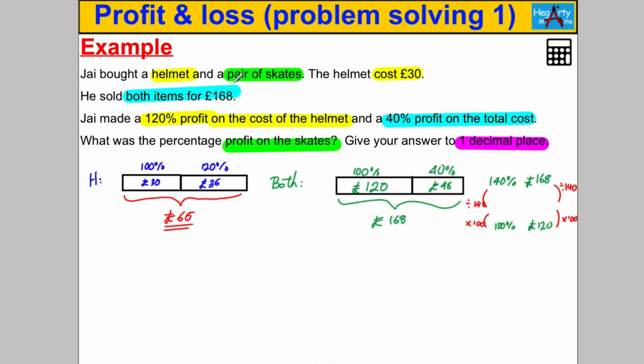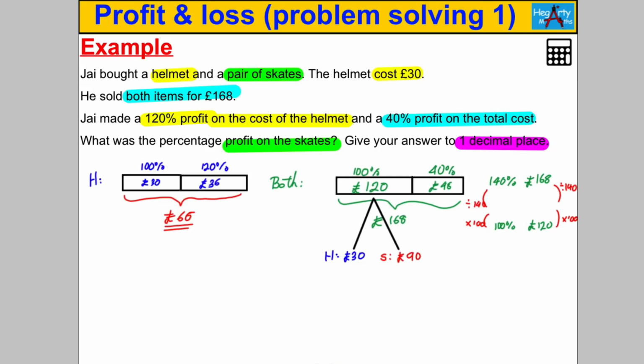So this is quite good. This will give me some information, because I know that this cost is made up of two things. It's made up of the cost of the helmet, which we know is £30. Therefore, the cost of the skates must be 120 take away 30, which must be £90.